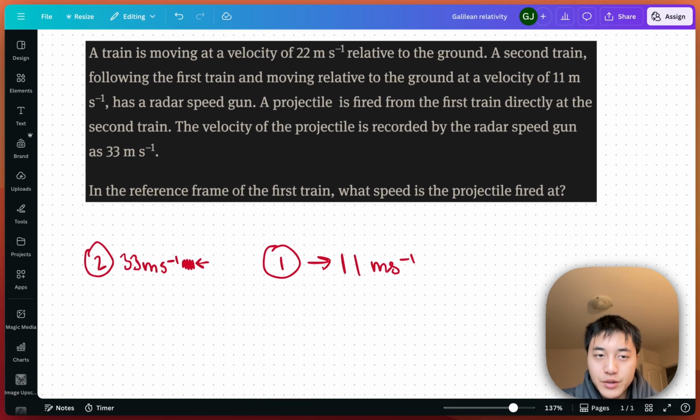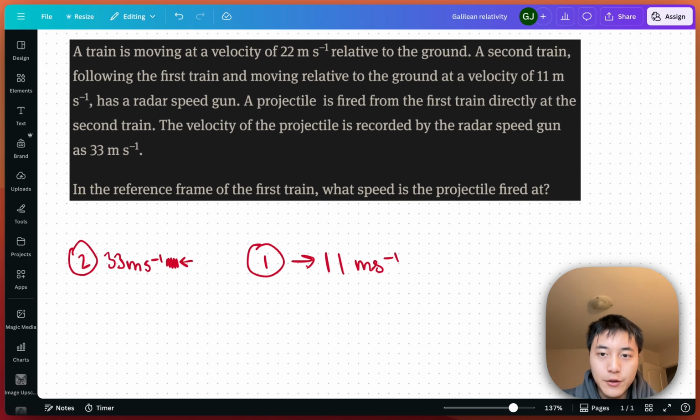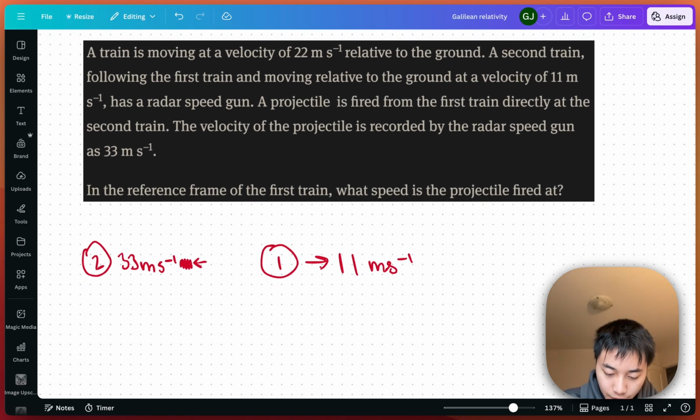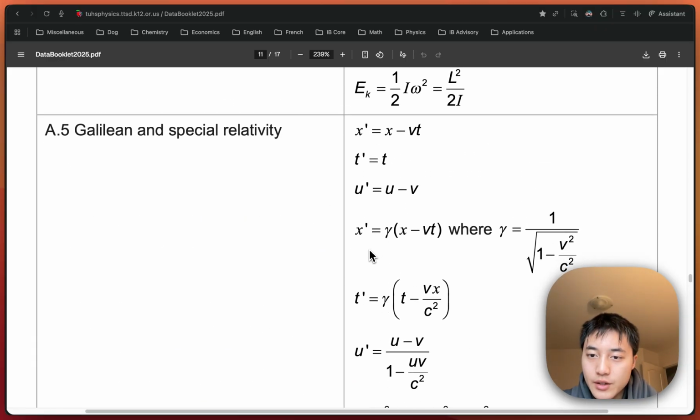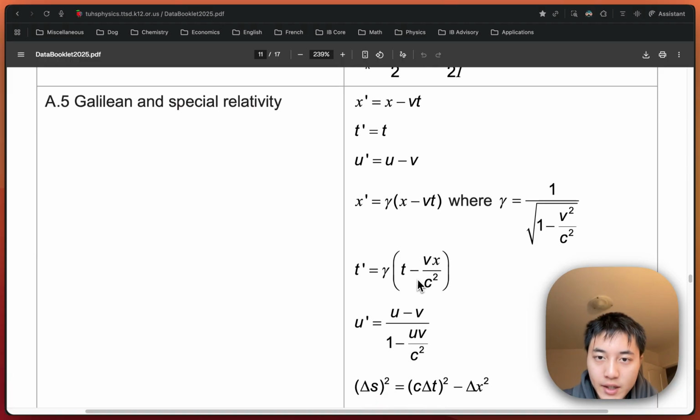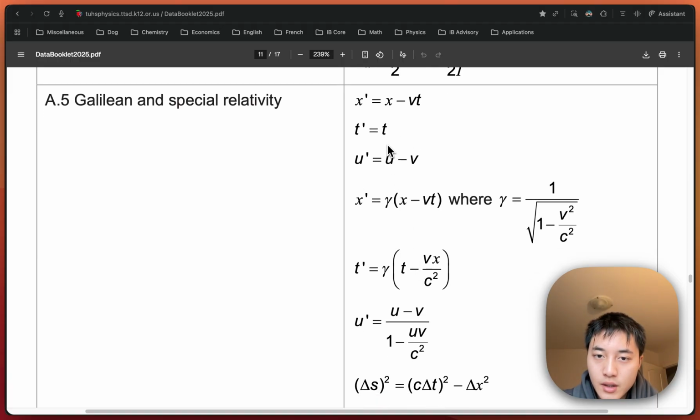We can work this out intuitively, but I think it's better that we use the formulas. So let's see which ones are applicable here. This is not close to the speed of light, so we would be using one of these. And this is with velocity, so it's going to be this one.